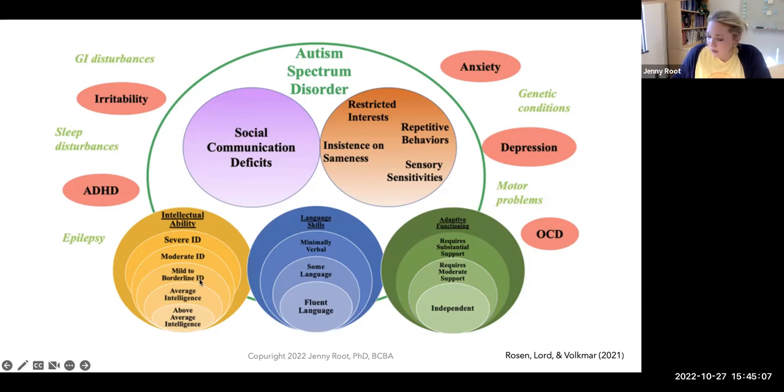So they could have mild to borderline intellectual disability, but there are also those at the other end of the curve who have above average intelligence. And then it's the full spectrum. So all of that depends, and certainly your intellectual abilities impact these other areas. Language skills is another area that's impacted in different ways. Some individuals with autism might have very fluent language, so the actual ability to communicate using spoken words might not be impacted.